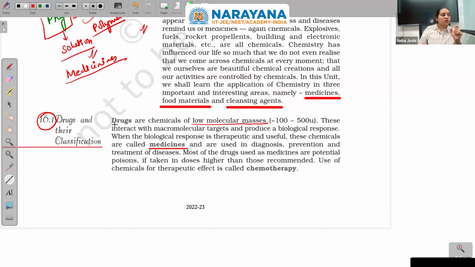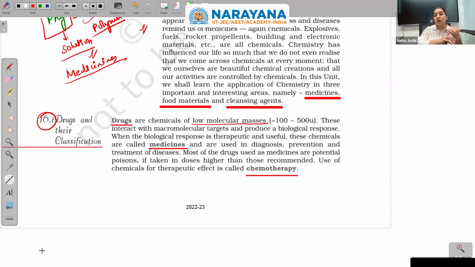So they are called medicines when they are having a positive impact, and are used in diagnosis, prevention, and treatment of diseases. Most of the drugs used as medicines are potential poisons also, if taken in doses higher than those recommended. Use of chemicals for therapeutic effect is known as chemotherapy.